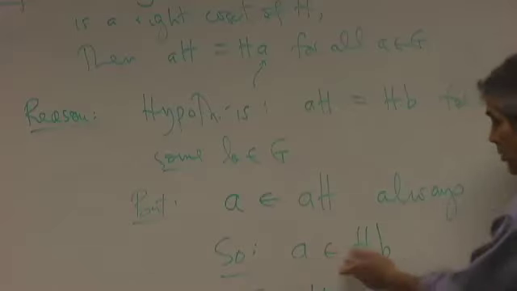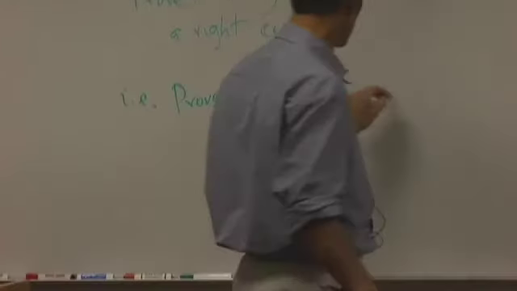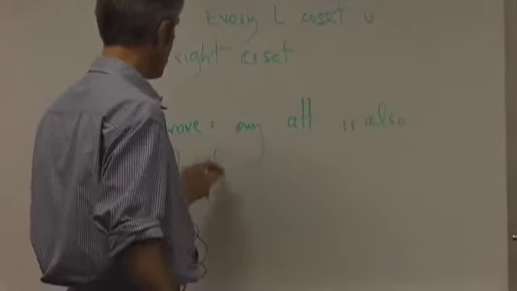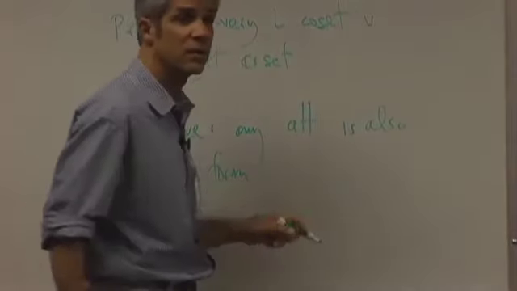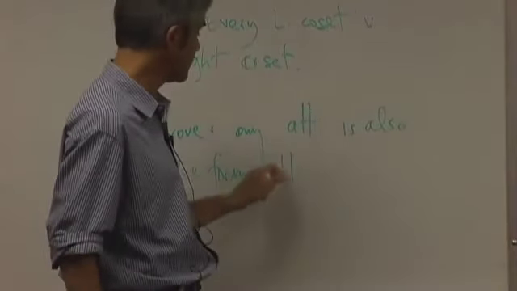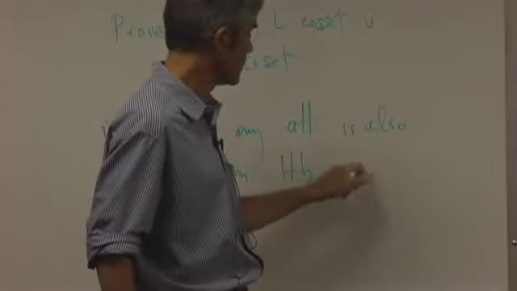Because each coset of the form AH is also of the form, well, that's what a left coset looks like, also of the form a right coset for some B.